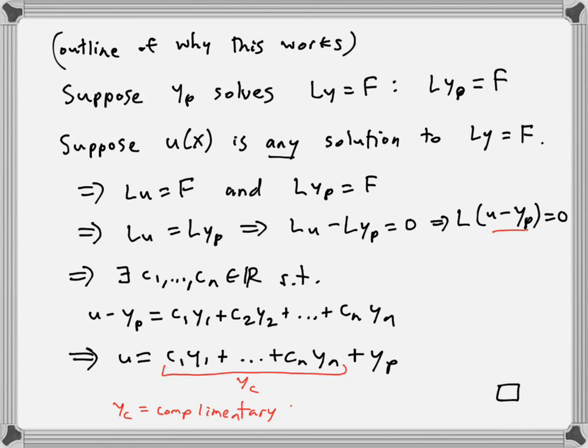Oh, sorry, I spelled that wrong. Complementary, okay. So YC is called the complementary function of Ly equals F. And so if we call that YC, then here's what we end up with.